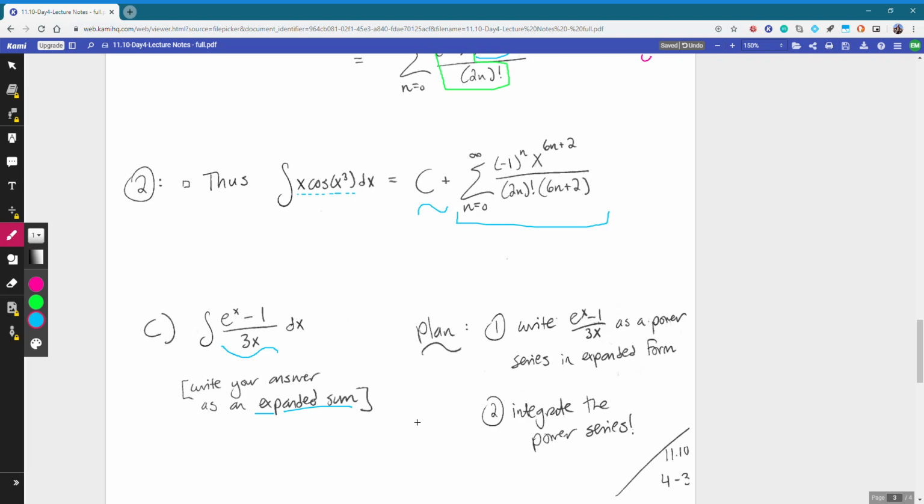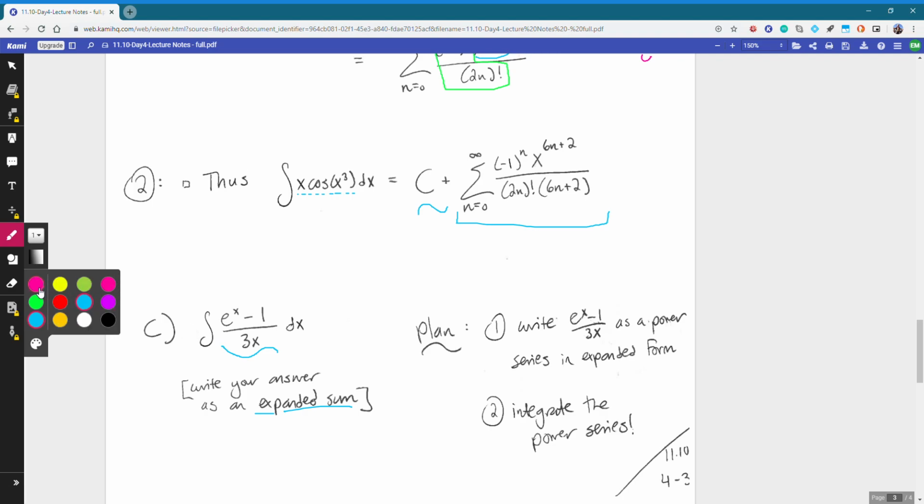And so along the way, we'll essentially just want to use our formulas in their expanded form. And so our plan is the same as it's been thus far. Step 1 is just take our function and write it as a power series. And once we have that power series, we can go ahead and integrate it.